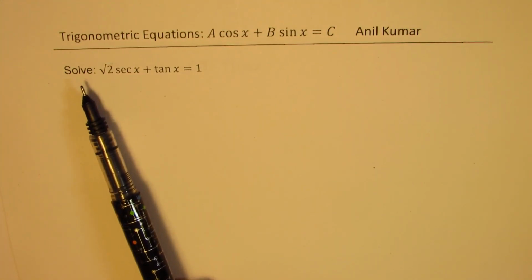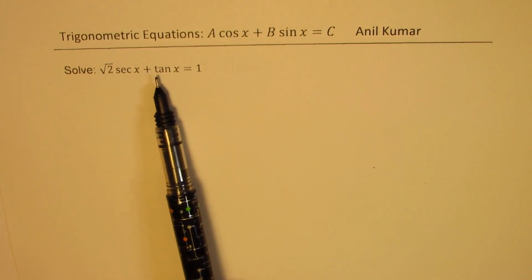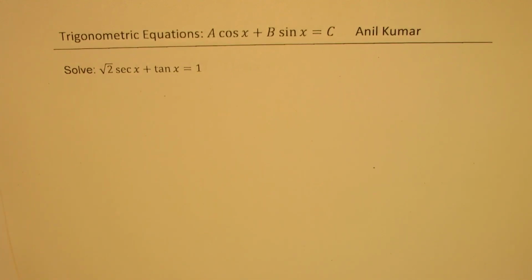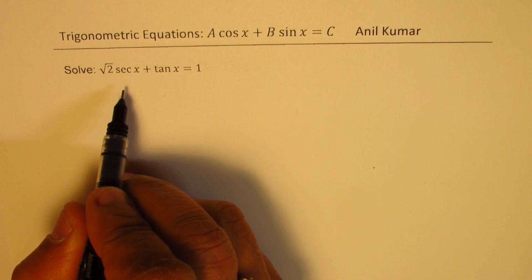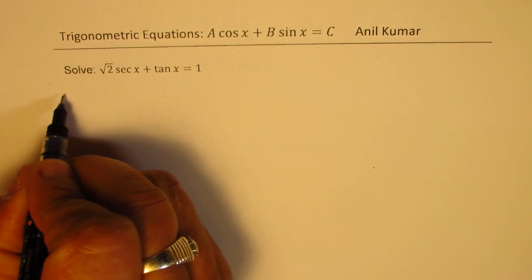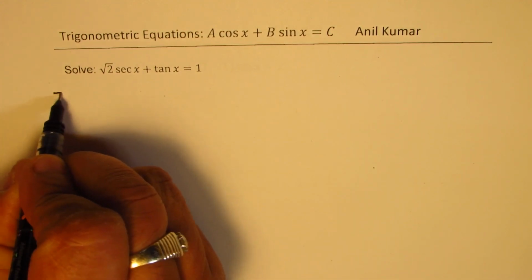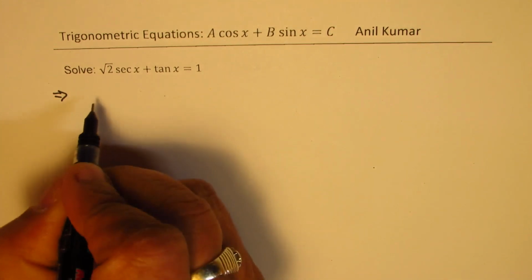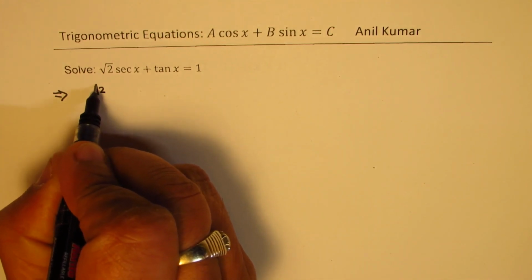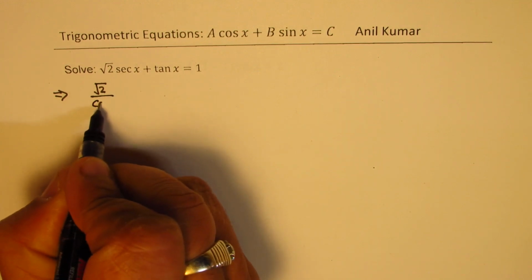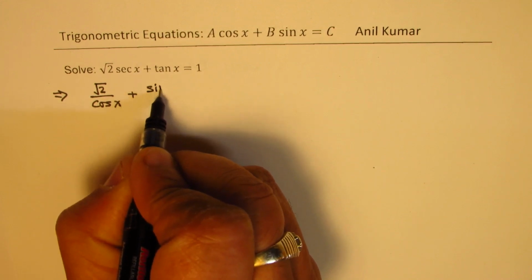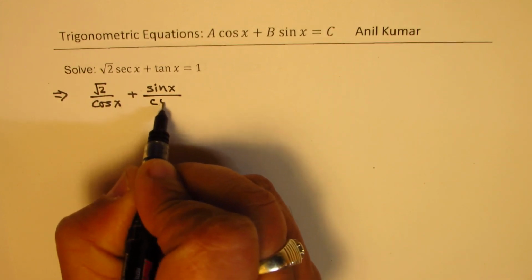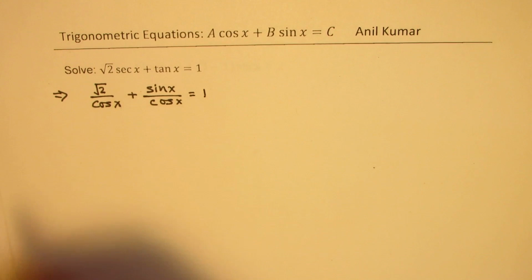The question here is to solve square root of 2 times secant x plus tan x equals 1. We need to write this in terms of sine and cosine and simplify. That will be our first step. Now secant x is 1 over cos x, so I could write this equation as square root 2 over cos x, and tan is sin x over cos x, equals 1.